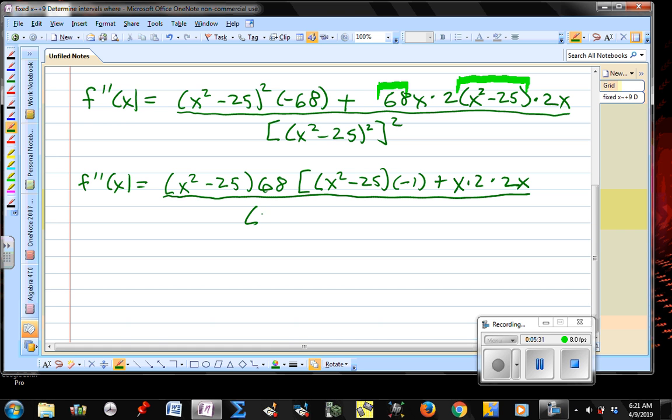This is all over x squared minus 25, all raised to the 4th power. The quantity x squared minus 25 squared is the quantity x squared minus 25 to the 4th power.